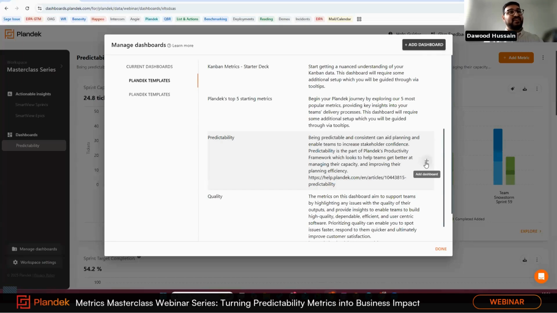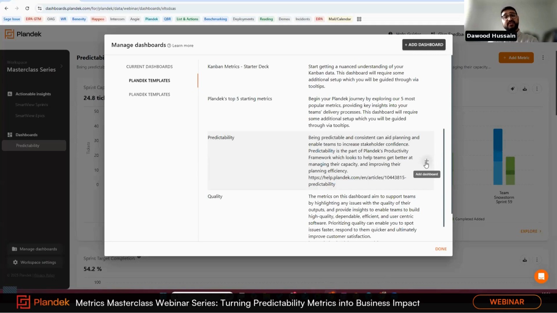Would you recommend using actionable insights as a core element of stand-up ceremonies, or as an and-when type activity when insights are available? I would recommend using this as a core element. I think embedding Smart View Sprints into your sprint ceremonies is a really good way of making sure that you are delivering as much as you can within the sprint.